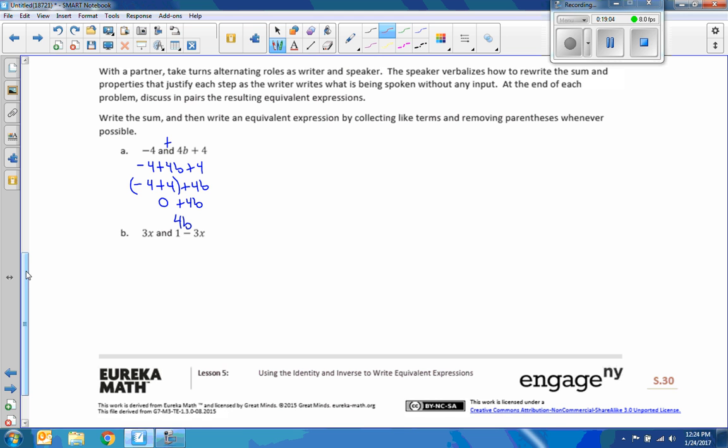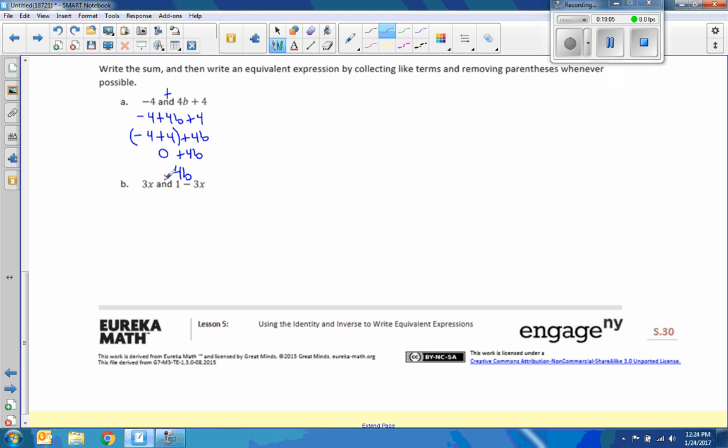Okay, B. The word and tells us where to put the plus sign, because we're talking about sum. So it's going to be 3x plus 1 minus 3x. First thing I'm going to do is get the like terms next to each other. 3x plus a negative 3x plus 1. That's the commutative property of addition.